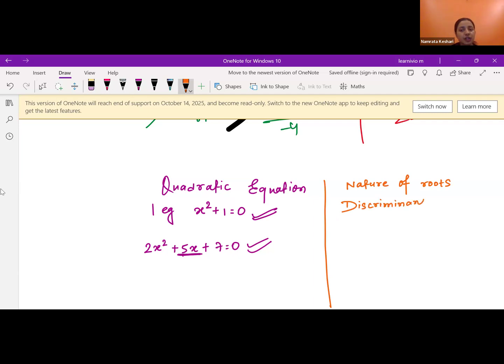That is b square minus 4ac. If that is bigger than 0, then roots are real and distinct. Distinct means both the roots are different from each other, right? If b square minus 4ac is equals to 0, then roots are real and same, right?